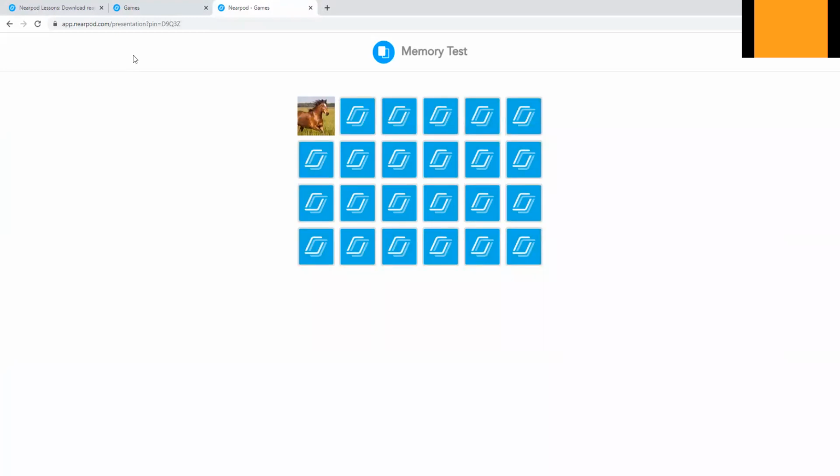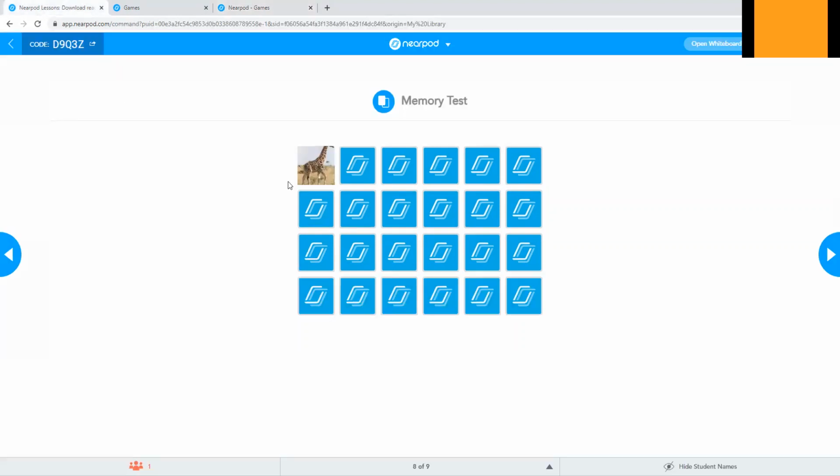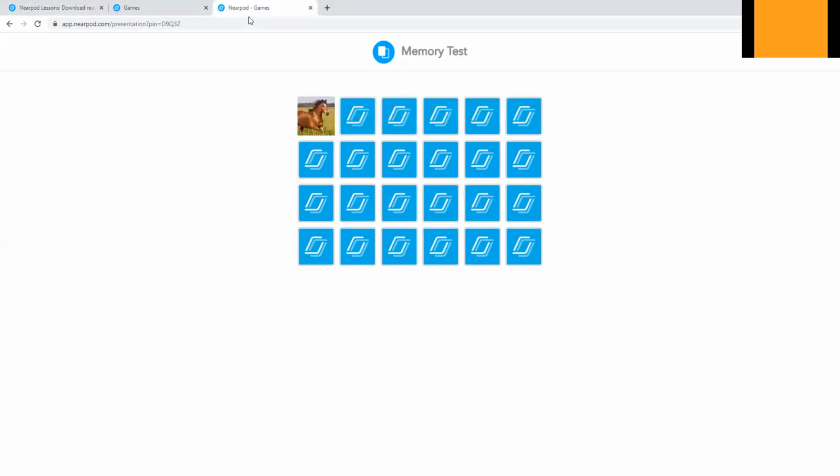That means that while it is the same game and the same pictures, the place of the picture is not the same. Like this one, it's a horse, but in the teacher view, it's a giraffe.